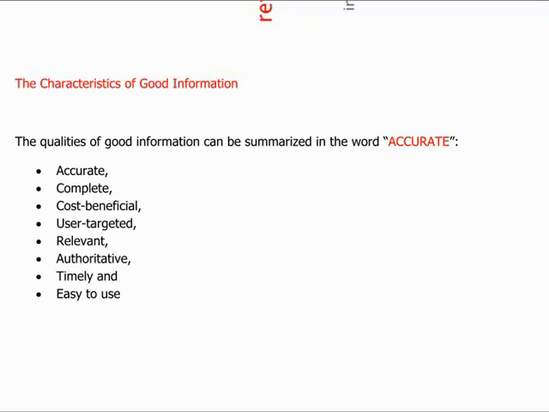It's better to prepare a report for senior management deliberations within a short time, even if the information is not 100% perfect. Perfection can be the enemy of practicality, and therefore good information has to be provided in a timely fashion. And finally, the last characteristic is that good information has to be easy to use.